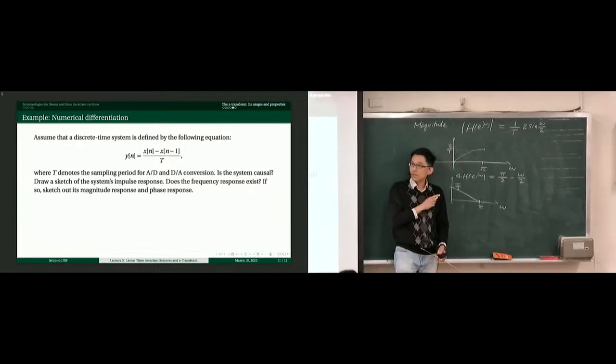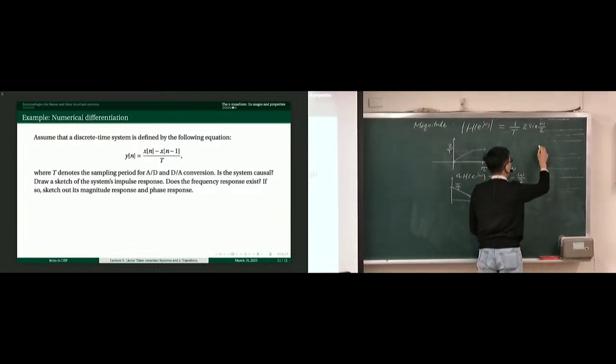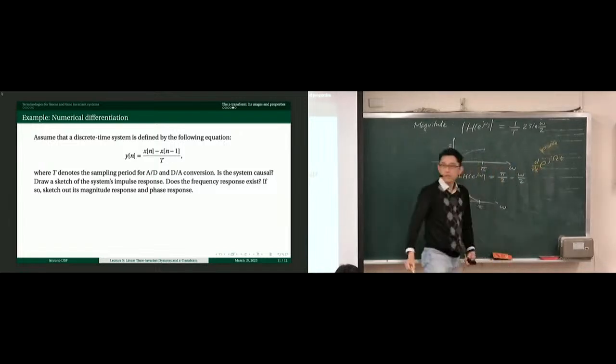And what else? We all learned that when we differentiate a signal e to the j omega, let's say in continuous time e to the j big omega t, and we take d/dt, what do we have?